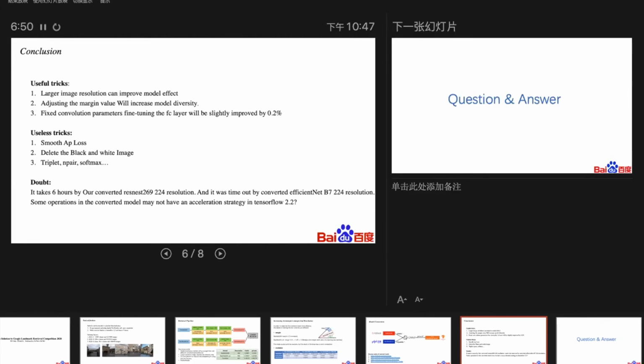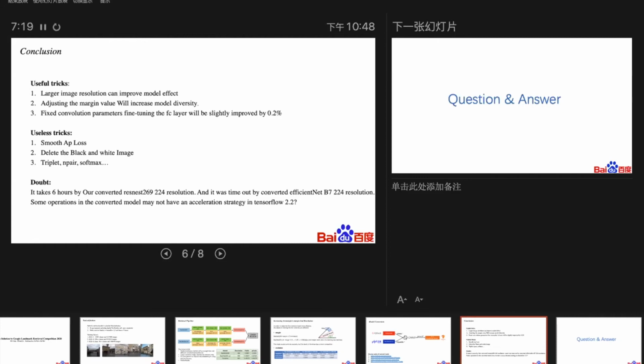Next, we tried triplet and pair softmax, and it is also worse than the margin loss. Third, we changed some data, deleting the black and white images, but it was worse than the baseline.